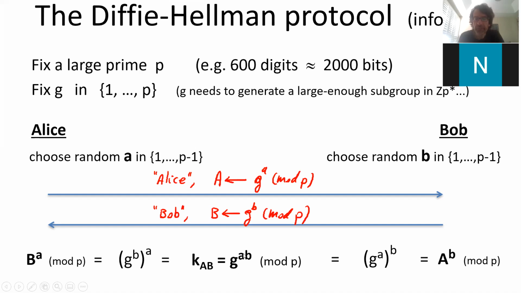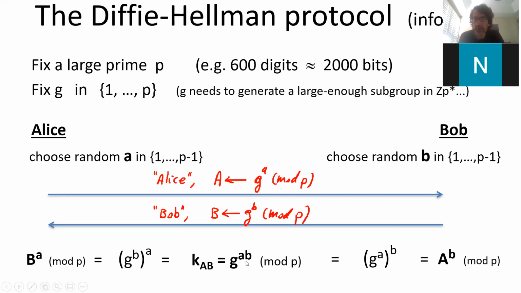So G to the exponent, which is a product of the little a Alice chose and a little b that Bob chose. Both of them can compute it. Alice can compute this way, by exponentiating Bob's contribution to her exponent. And Bob can compute this way, exponentiating Alice's contribution, group element, to his exponent.